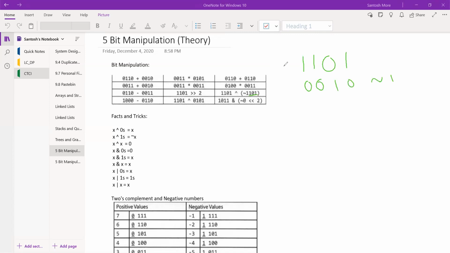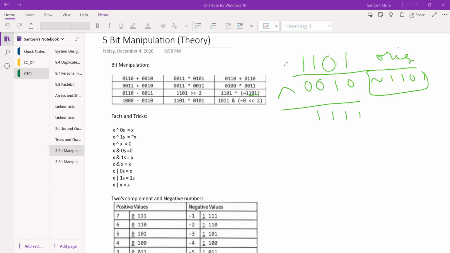So this is the negation of 1101. Then you XOR with the original number. If you XOR these, 1 with 0 will be 1, and in the second column 1 and 0 will still be 1, because they are opposite numbers.